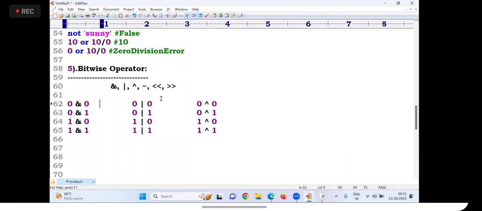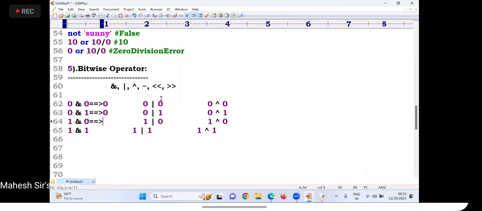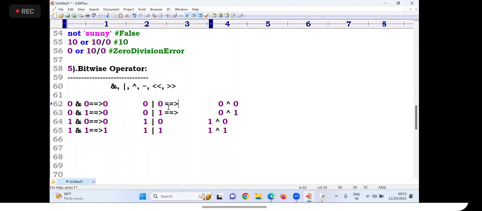Now what is the output here? 0, 0, 0, 1. Last 1. These things you know. Here also same repeated: 0, 1, 1, 1.